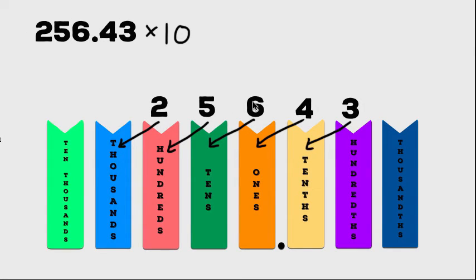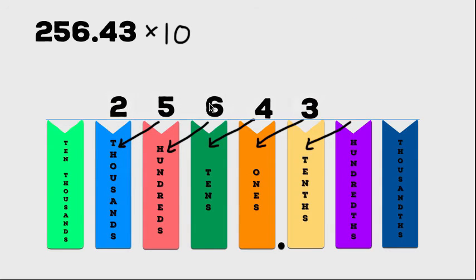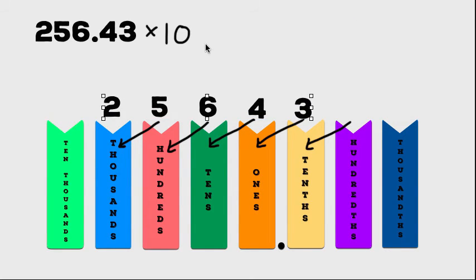Or in this case, I can just shift it over by grabbing this and moving it right over here. And this is when we multiply by 10. So our answer would now look like 2,564 and 3 tenths, right? We have 3 tenths, we have no more hundredths.